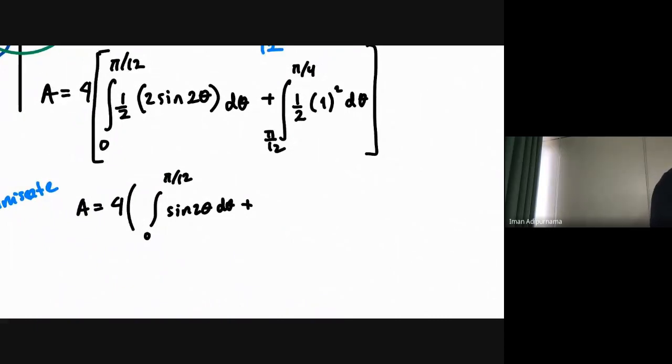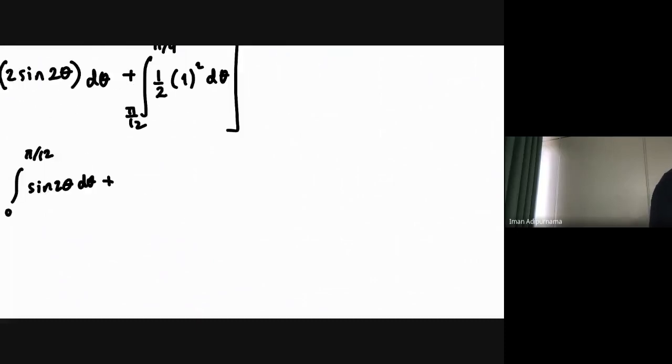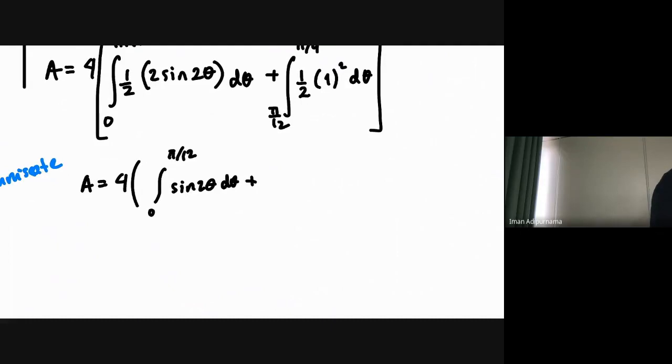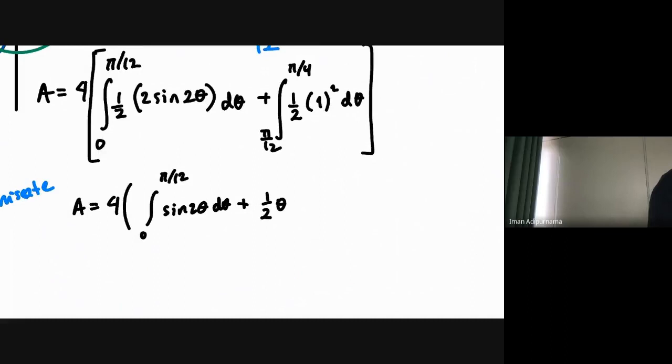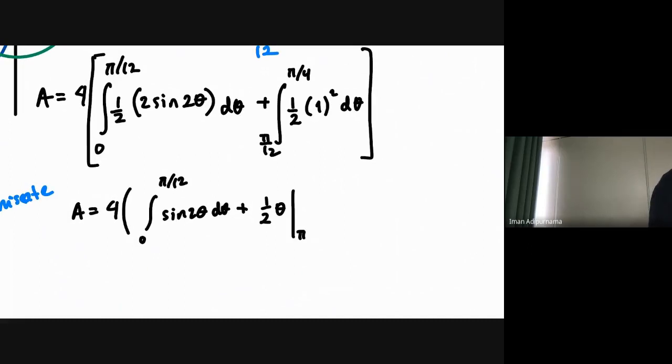I can just directly, wait, maybe just write half theta, starting from 5/12.